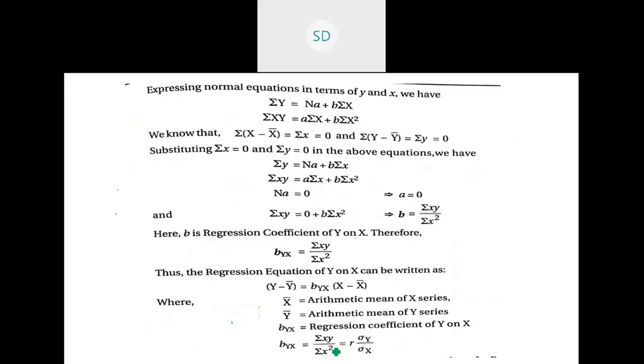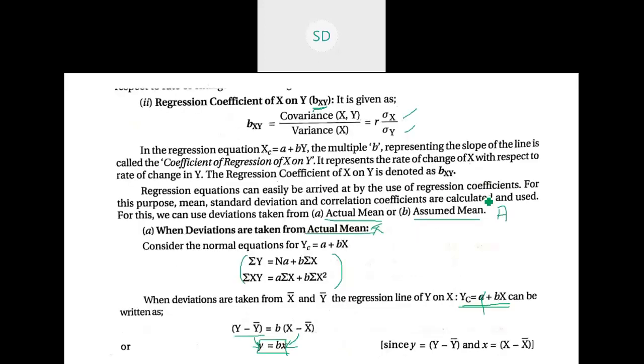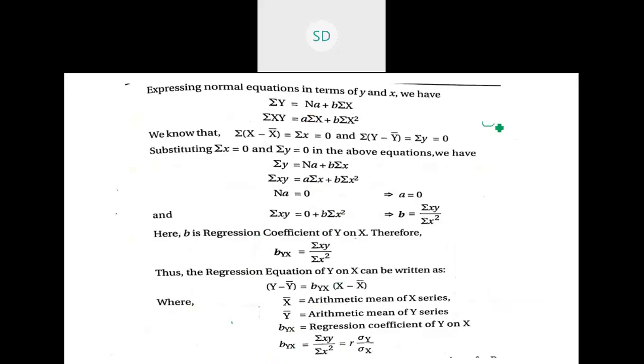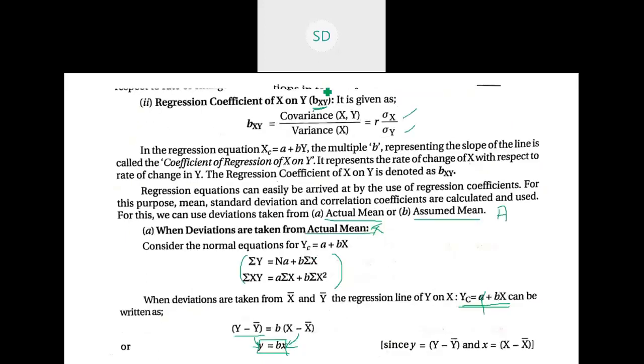Okay. Now, we have got one expression, that is y is equal to bx. Going on further, we took this equation and we got this small equation.